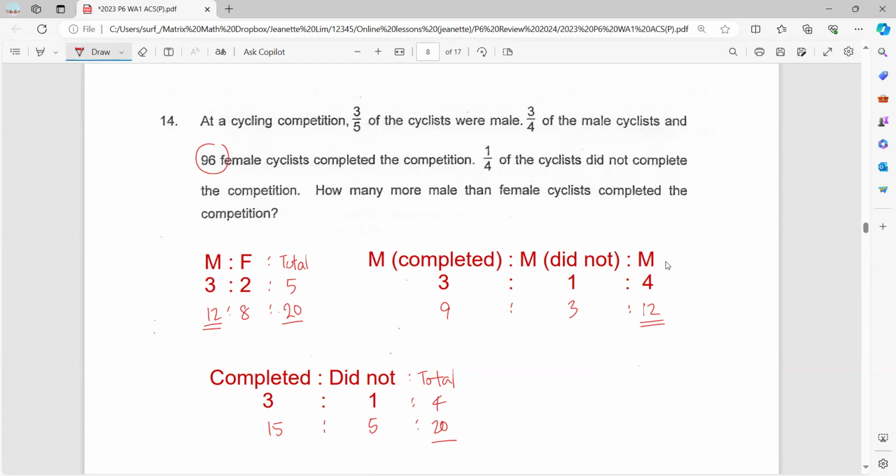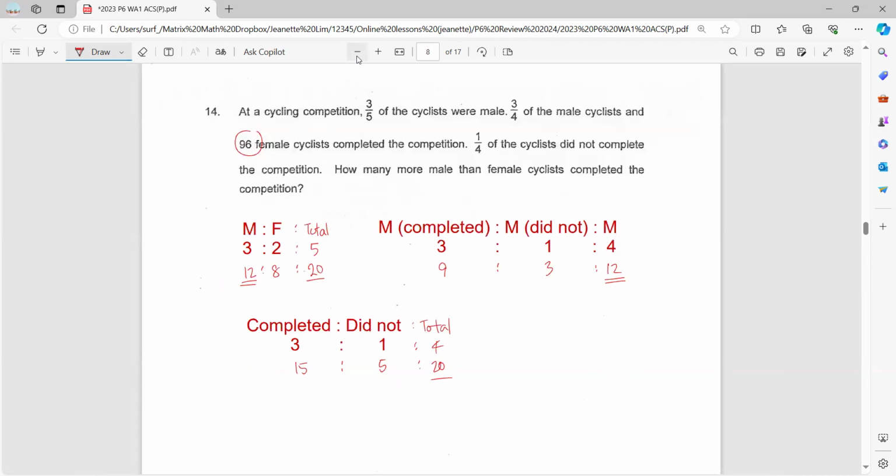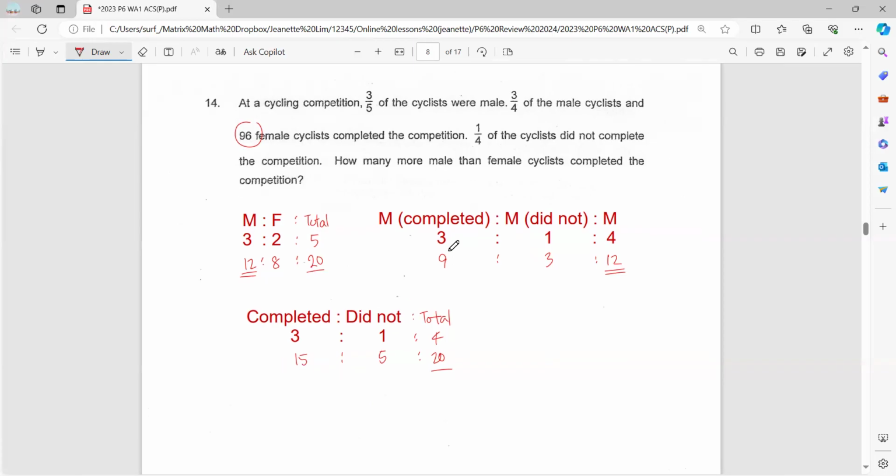So I need to figure out how many units that is. Okay, so for female cyclists, we don't have much information. The only thing we know is the total number of units for female cyclists. Okay, let's look at the male cyclists. Male cyclists, those that completed is 9 units. But the total that completed is 15 units. So if I were to take 15 minus 9, I would end up with the females that completed.